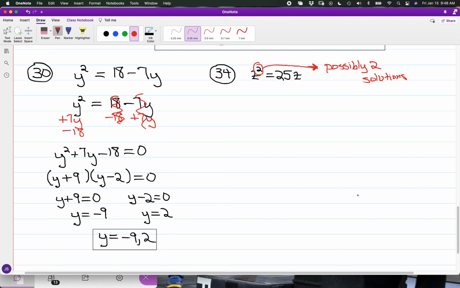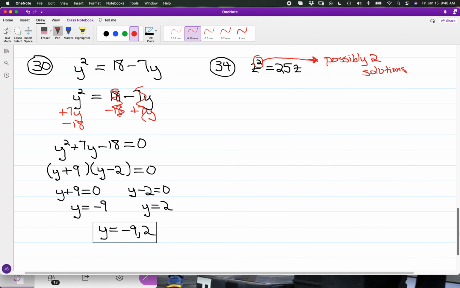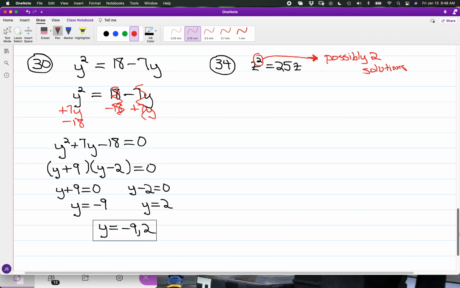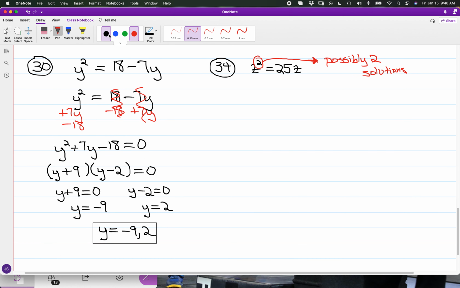That one wasn't asking whether it was any one of the three categories, but this would be a case of this equation being true on the condition that y be equal to negative 9 or positive 2. So you have a finite number of solutions, with only two solutions, and that would have been a conditional. In fact, I think just about everything else from here on out is going to be conditional.